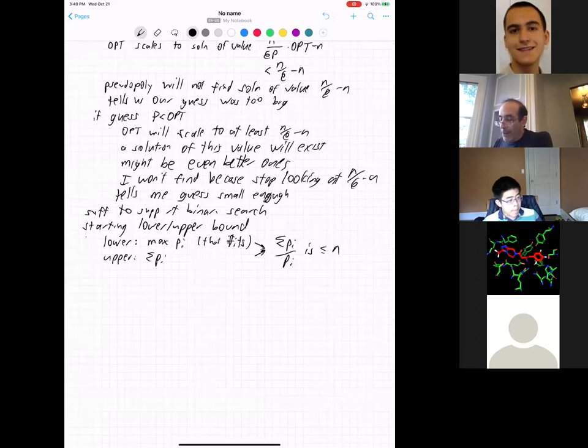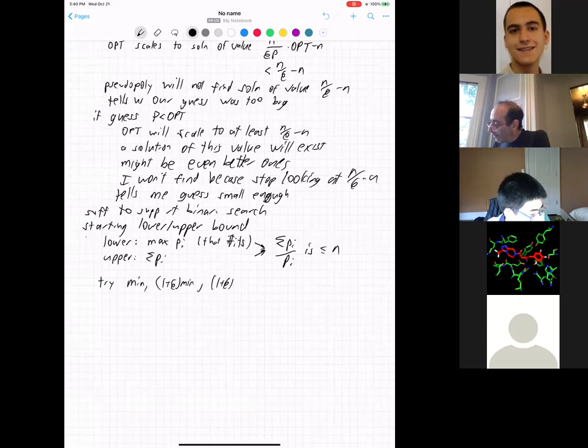And so in fact, what this suggests that I do is try the min and 1 plus epsilon times the min and 1 plus epsilon squared times the min and so on until I get to the max. And one of these will be close enough for the algorithm to work.